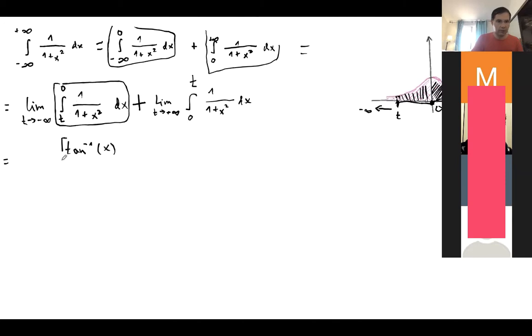And I want to indicate what this function is equal to when x is equal to t, and then when x is equal to 0, and then compute the limit of this difference as t goes to negative infinity. Then we'll do exactly the same thing with the other integral. So we have plus the other integral, this one. Antiderivative of this function, again, this is tangent inverse.